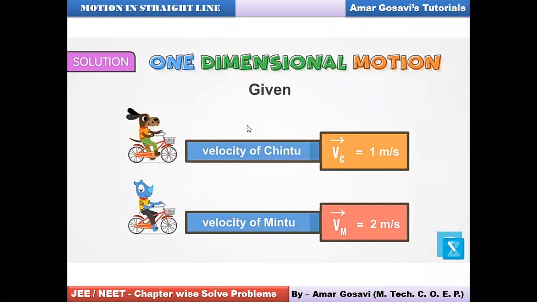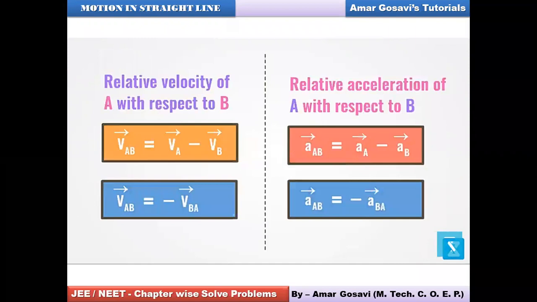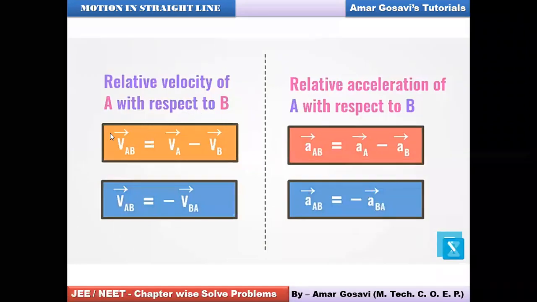So here what we can do, let's talk about two things. Say instead of Chintu and Mintu, we generalize it to A and B. So relative velocity of A with respect to B can be represented as VAB, and that will be VA minus VB.